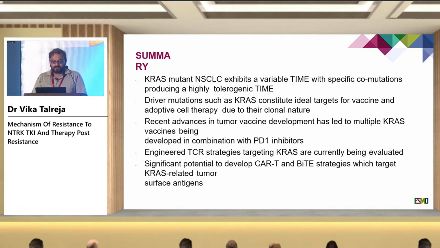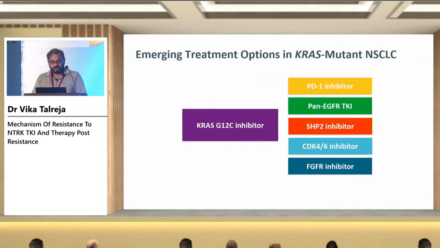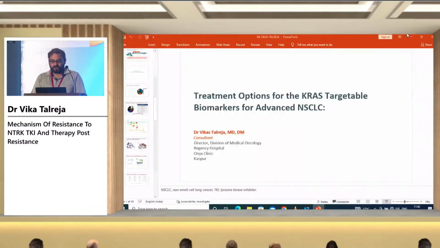The recent advances in tumor vaccines have led to multiple KRAS vaccines in various phases in combination with PD-1 inhibitors. And these engineered T-cell receptor strategies targeting KRAS are currently being evaluated. And therefore, it promises great options. And there are a lot of emerging options with SHP2 inhibitors, pan-EGFR inhibitors, PD-1 inhibitors, even CDK4/6 inhibitors and FGFR inhibitors, all in this.